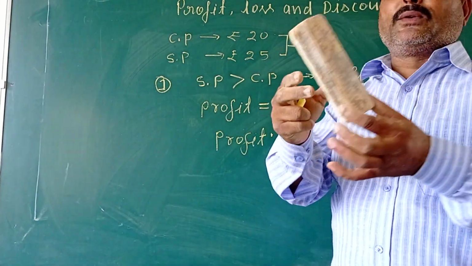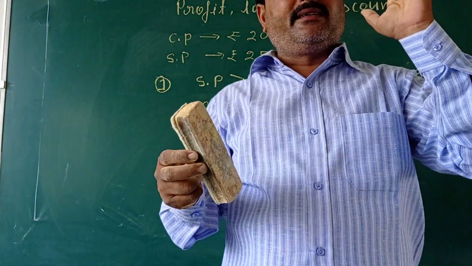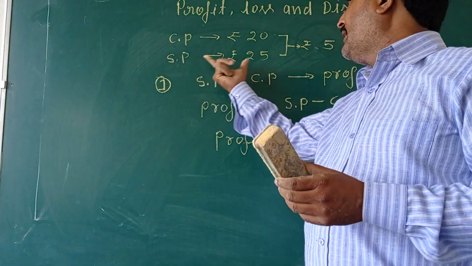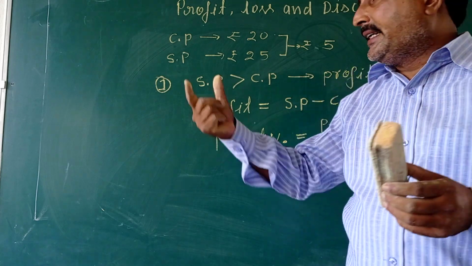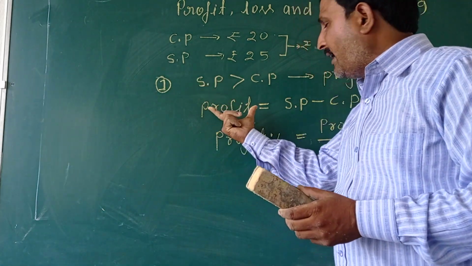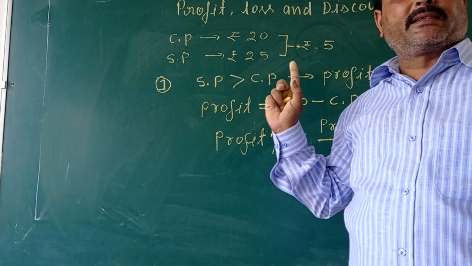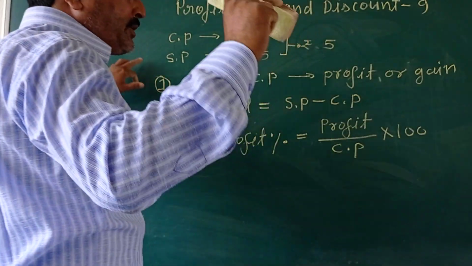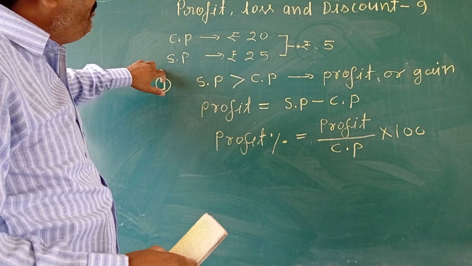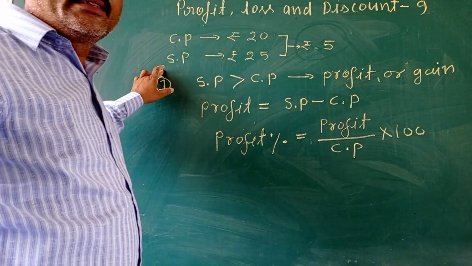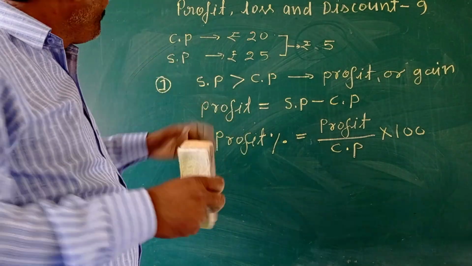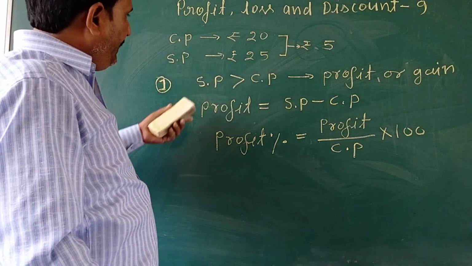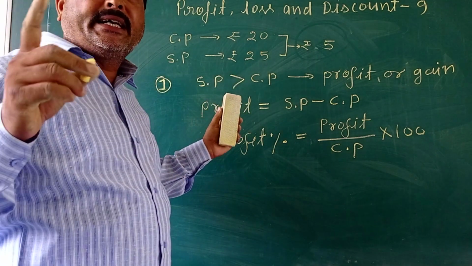First you calculate the CP of one gesture, then the SP, the selling price of one gesture, then you calculate the gain or profit, then profit percent. So here CP of one gesture is one article, SP means the selling price of one gesture, one article. So this is your formula 1. Okay, all the formulas you have to write in your copy.